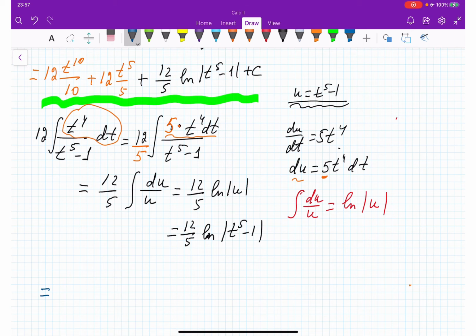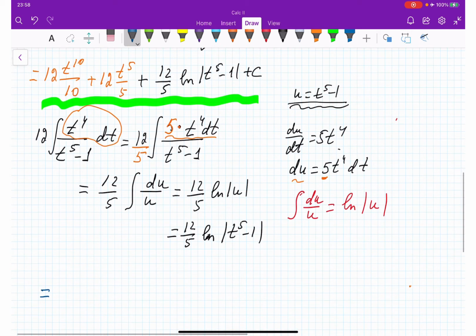I have 12 t to power 10. So how are we going to go back to x? Remember, we substituted x equal to t to power 12, right? Now we have 10. How to go from 12 to 10? The only way you can is with multiplication and division.